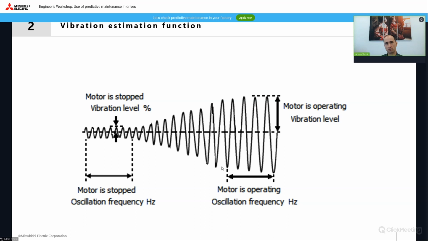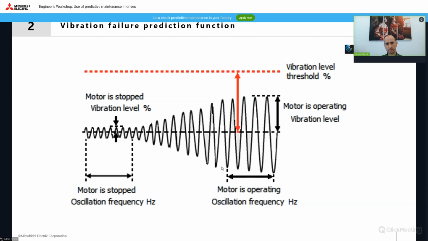In both states, we can measure the level and the frequency of the vibrations. And what is most important here, the amplifier can measure this vibration over time and estimate what is the proper level of vibration for this axis.